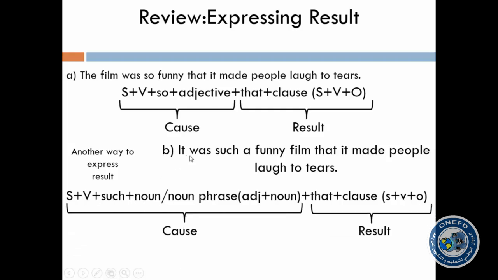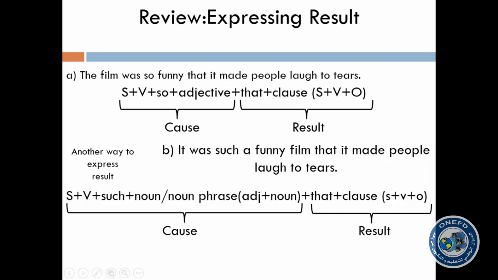So we have subject plus verb plus such plus a noun phrase. By noun phrase we mean adjective plus noun, plus that plus clause, subject verb object. Like so, the first part is the cause and the second part that comes after that is the result.